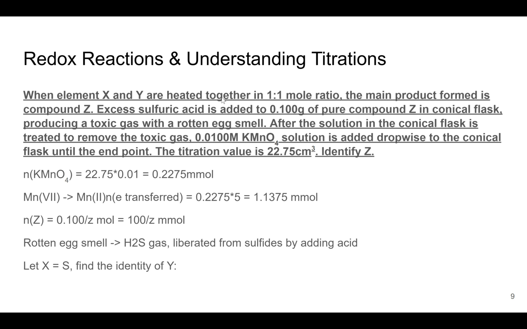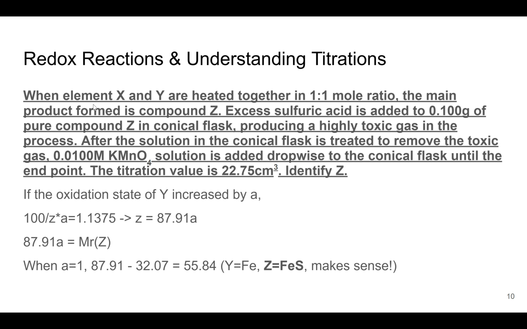And because of this, we know that either element X or element Y is sulfur, and because the question didn't specify for us, we can just let element X be sulfur. And to find the identity of element Y, we can suppose the oxidation state of Y increased by A. So after we remove the toxic H2S gas from the conical flask, we're just left with whatever form of Y there is in the conical flask in the solution.